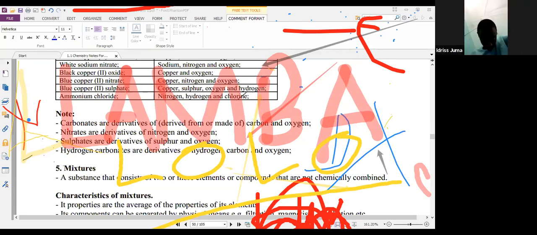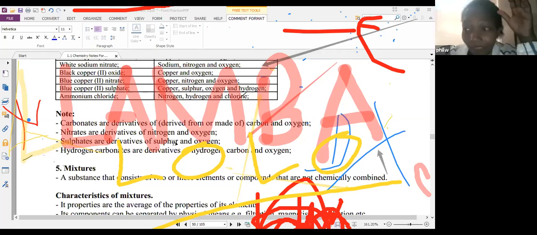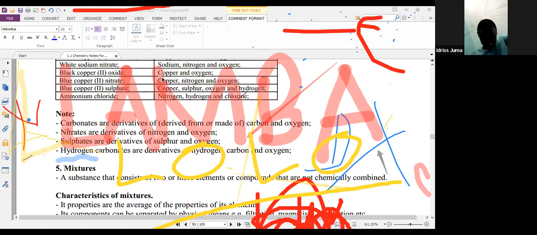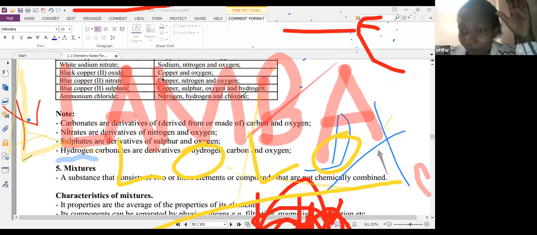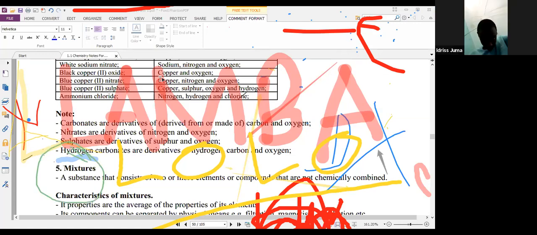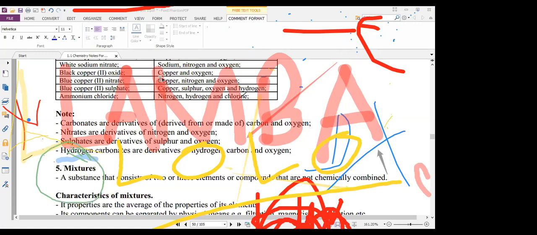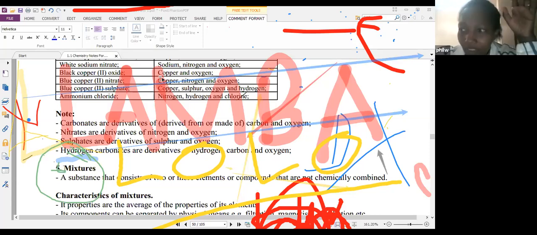we can have a cup that is made of glass, okay? And a cup that is made up of plastic, okay? Both of them are cups. But the glass cup is made up of its molecules, or the particles that are making it up.